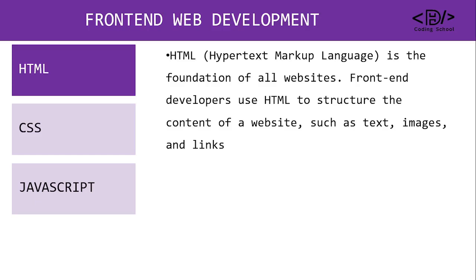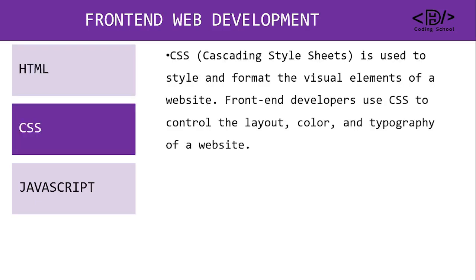Next is CSS. CSS in full is Cascading Style Sheets, and it is used to style and format the visual elements of a website. You can put in the image, the links, the text, but how those elements look is what CSS styles.